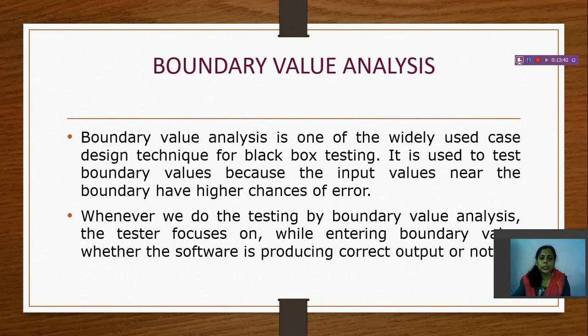Whenever we do testing by boundary value analysis, the tester focuses on whether the software is producing correct output or not while entering boundary values. Okay, so in boundary value analysis, the tester always tests the boundary values.